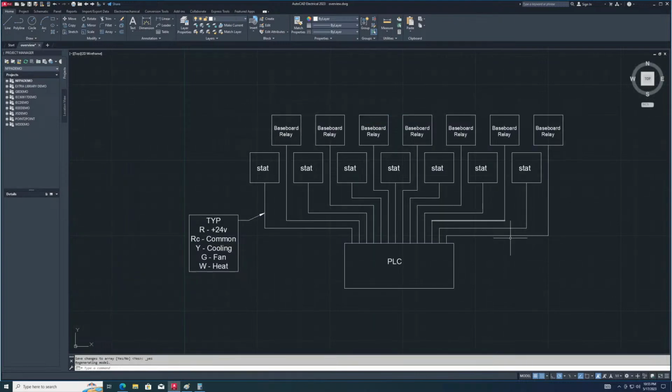There we go. So there's our, oh my gosh, OCD kicking in.